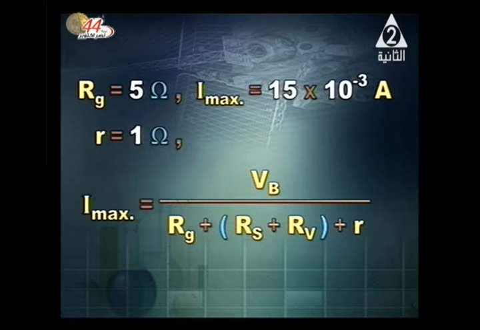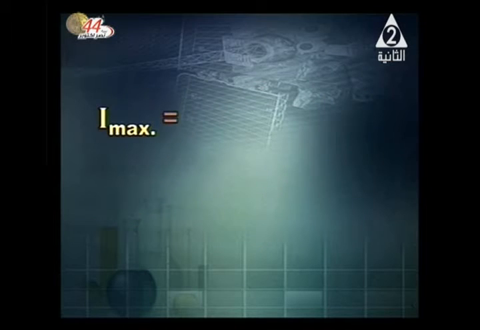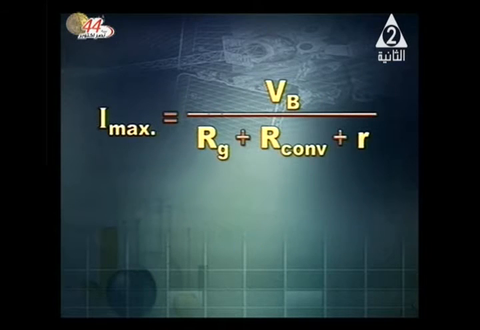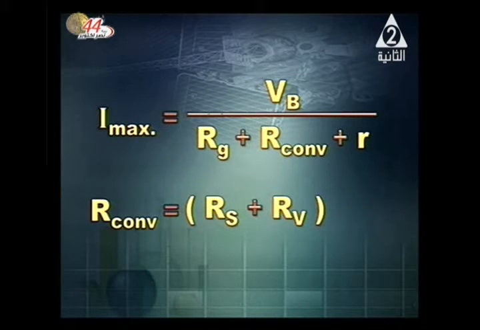RS is the standard fixed resistor, RV is the chosen value of the variable resistor. We call both of them R conversion, plus r internal. So I maximum equals VB over RG plus R conversion plus small r. R conversion is the sum of RS plus RV.